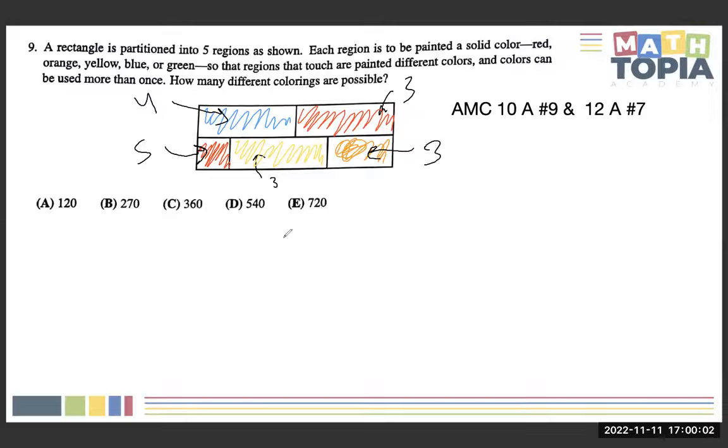All right, and now we can just use the counting multiplication rule, which basically states that if there are A ways to do one thing and B ways to do another thing, then to do the first thing followed by the second thing is the product of them. That's how many ways, right?